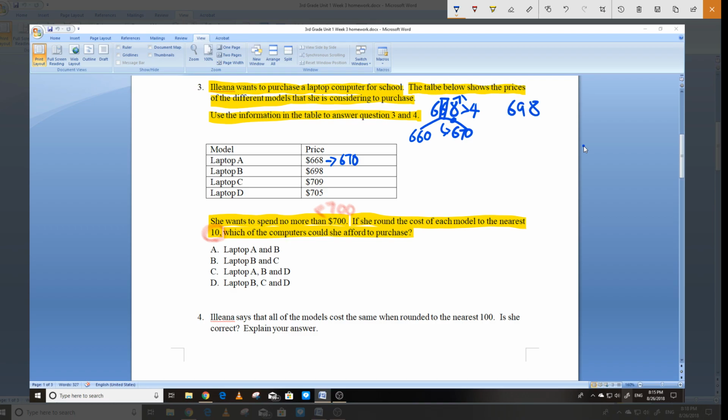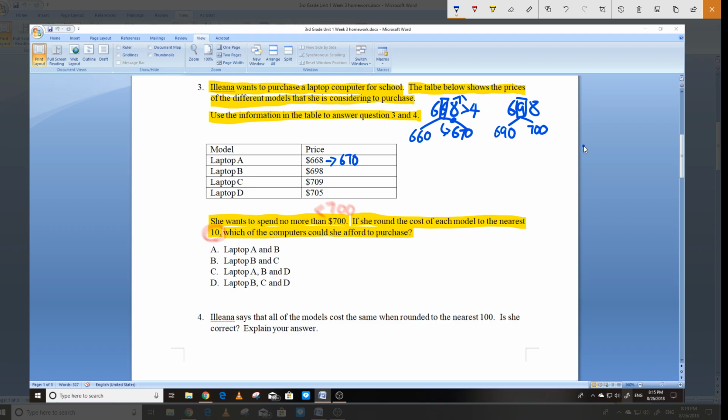698. We would look at the 10th place again, which is the number 9. Okay? And if we're going to round, we can either round up to 700 or 690. Now, why is that so again? Because when you're rounding up, you can either add 1 to the 10th place, or you're going to keep the number 9 constant and drop whatever's on the ones place down to 0.